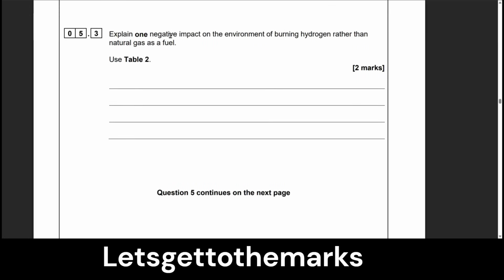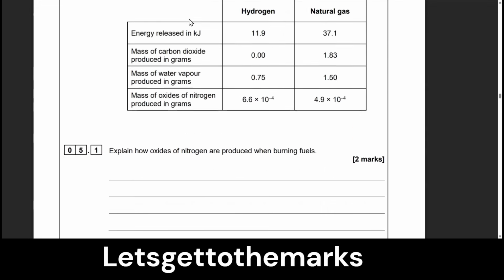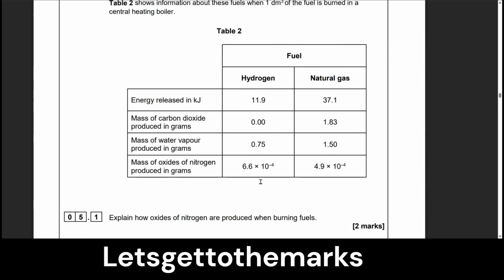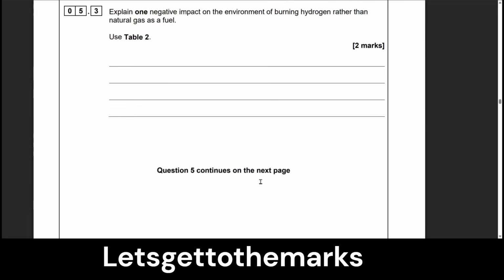So explain one negative impact on the environment of burning hydrogen rather than natural gas as a fuel. So if we zoom up here, I believe it made more nitrogen oxide. It does. It makes more oxides of nitrogen, and they cause acid rain, or they can cause respiratory issues.